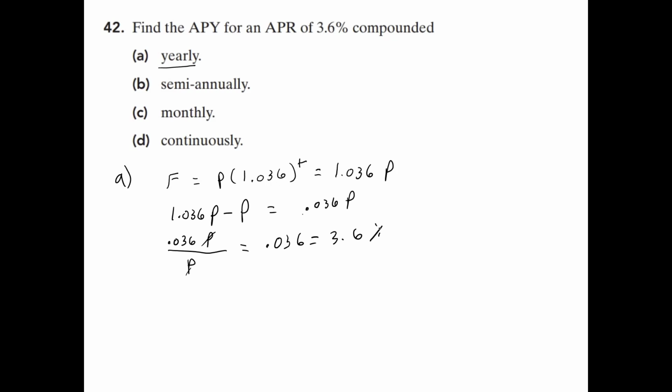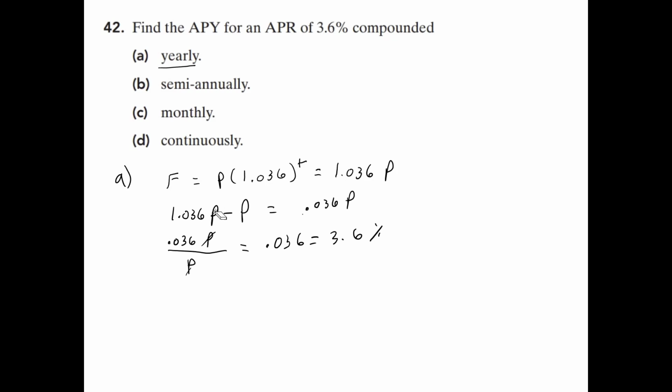Now, we didn't have to go through all this because we were compounding once a year, so the effective yield, the APY, and the APR are going to be the same. But I just wanted to go through this calculation with you. You find the future value, and then see what percent increase you went up.